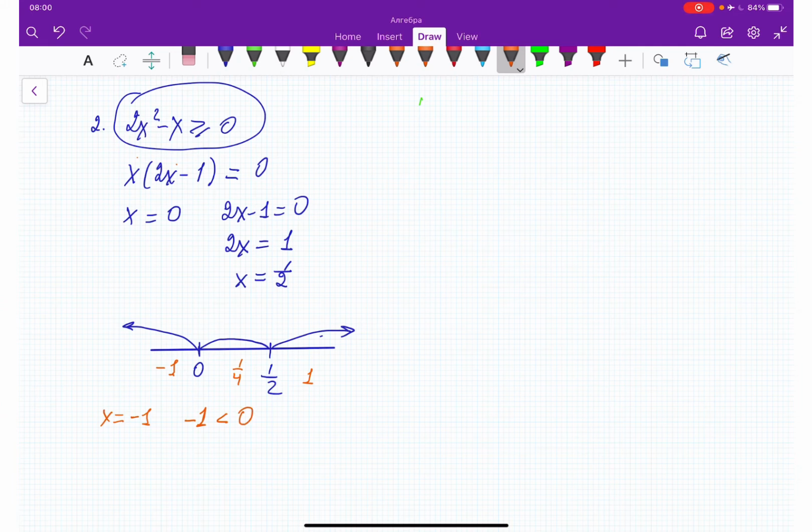And we have 2 times negative 1 minus 1. So I'm looking into both sides. Or I can go to this one, it would be easier. Let's go the easier way. Go by 2x squared minus x greater equals 0. I plug straight there.